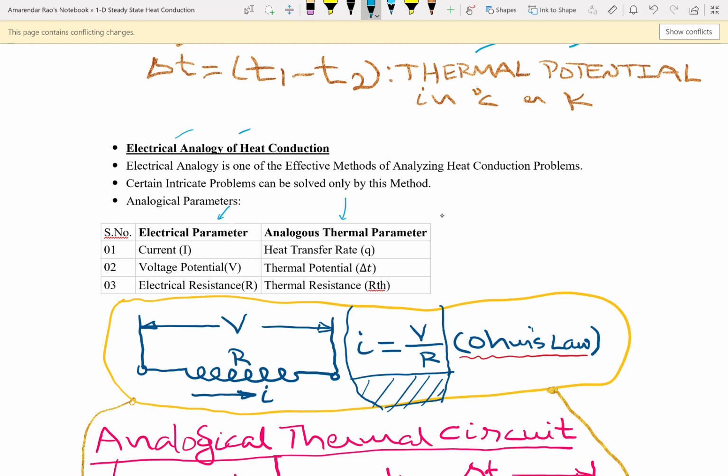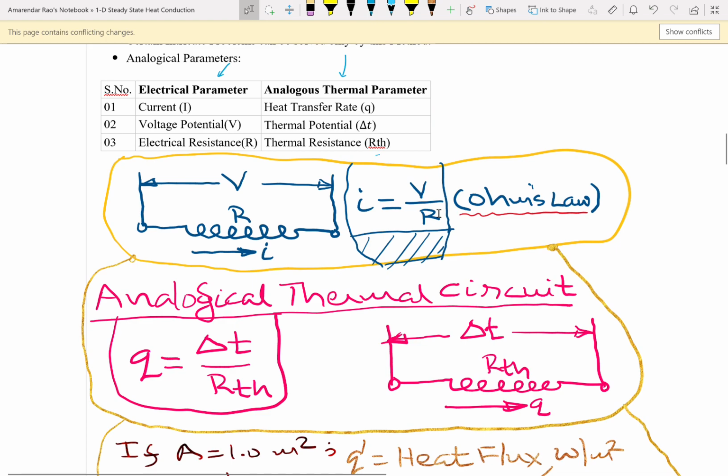Thermal potential is analogous to voltage potential, and thermal resistance is analogous to the electrical resistance. And if you consider a classical electrical resistance, we have some current I flowing across some voltage V, then there is some resistance R, then as per the famous Ohm's law, I is voltage by resistance.